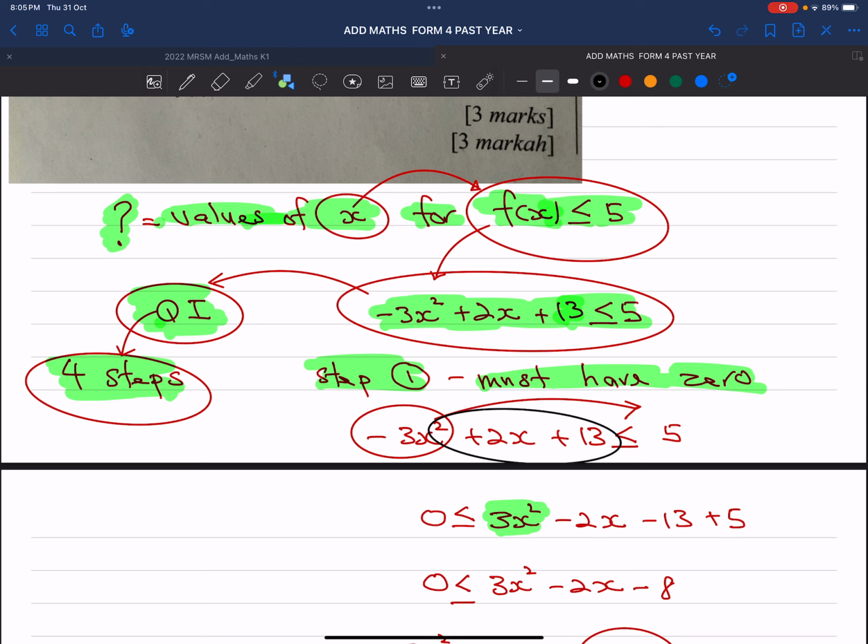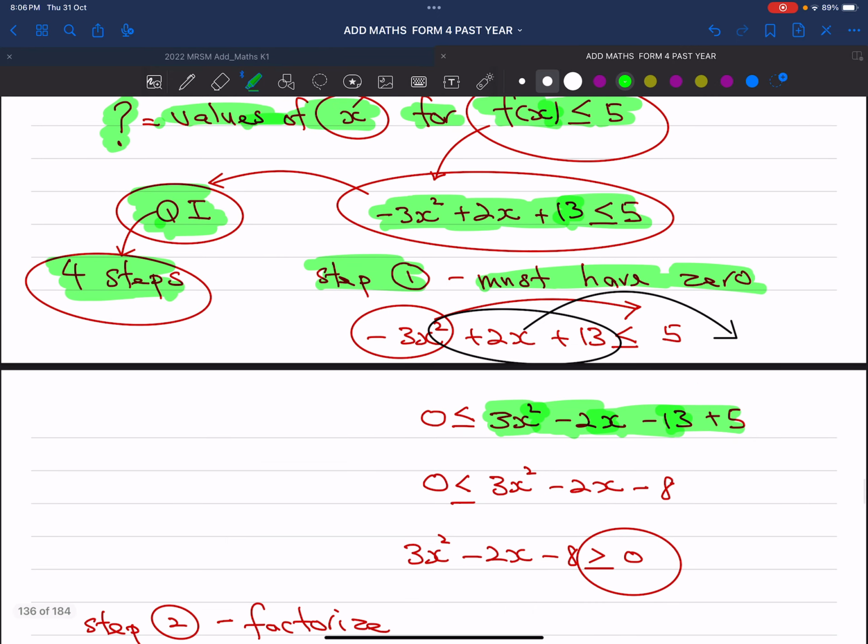The 2x plus 13 also I'm going to transfer to the right hand side. So now plus 2x has become minus 2x. And plus 13 transfer will become minus 13. And don't forget, we have our original 5 on the right hand side, plus 5.